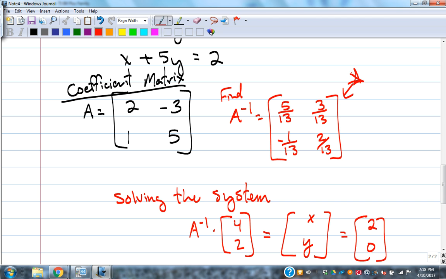There is a question on the final that asks that question. Which matrix would be used to solve this system of equations? It's the inverse of the coefficient matrix. And you actually have to do inverse with your calculator and find which one would work.